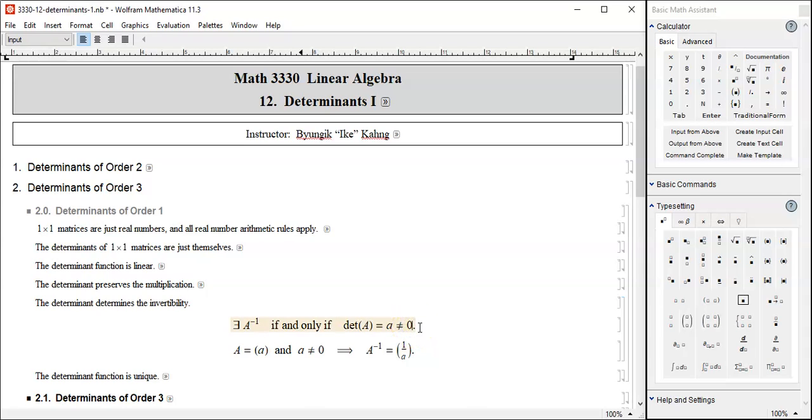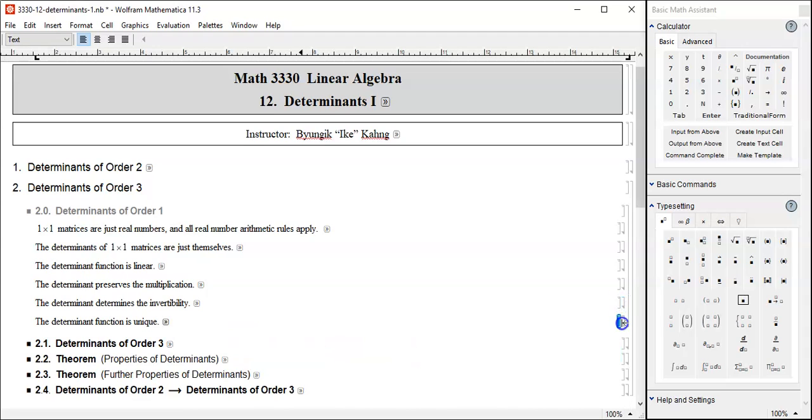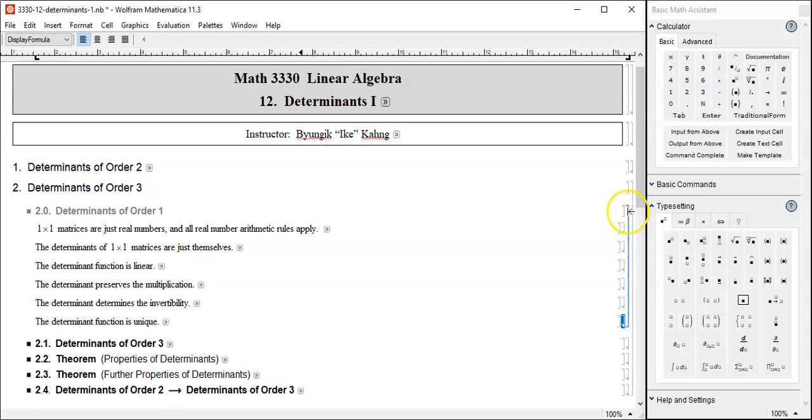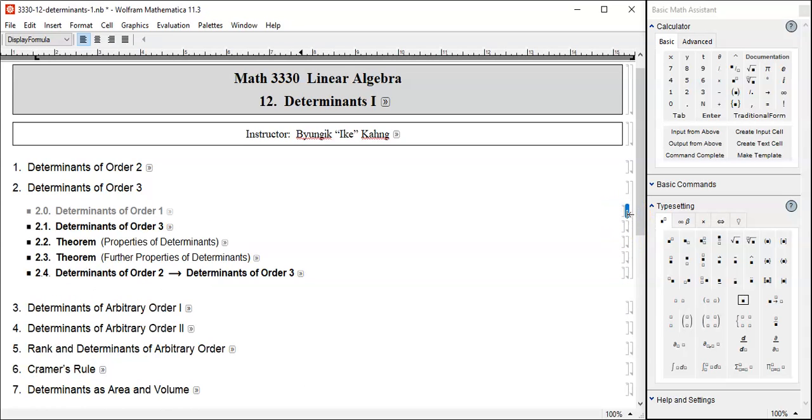Yeah, I mean, the inverse matrix, the inverse is 1 over a, and as long as the denominator is non-zero, yes, we can. So it works out as well. The determinant determines invertibility. Okay. And then the determinant function is unique. Oh, that's too trivial. Never mind about determinants of order 1. It's just the same, just a real number itself.